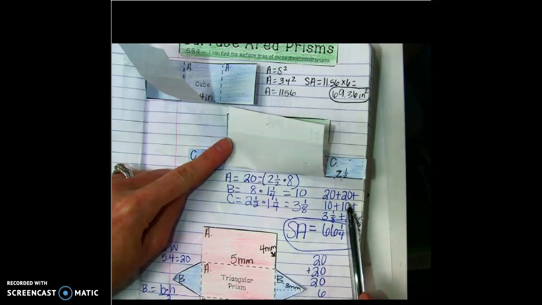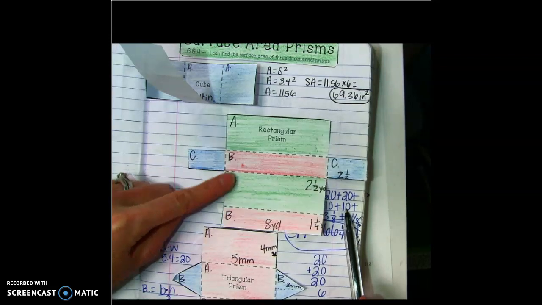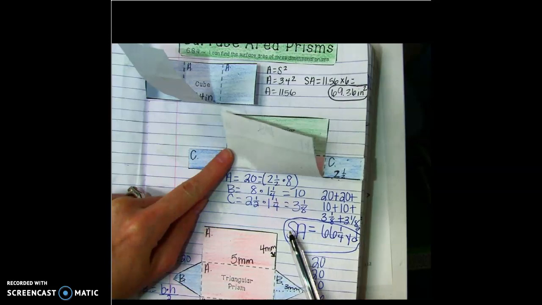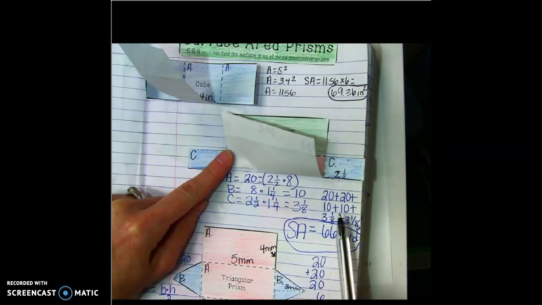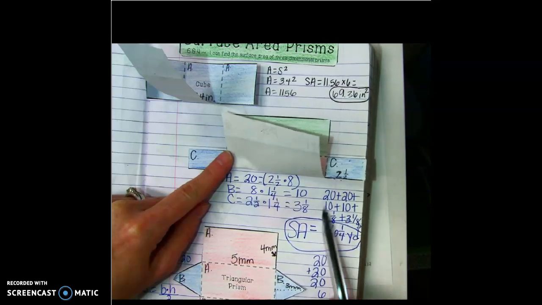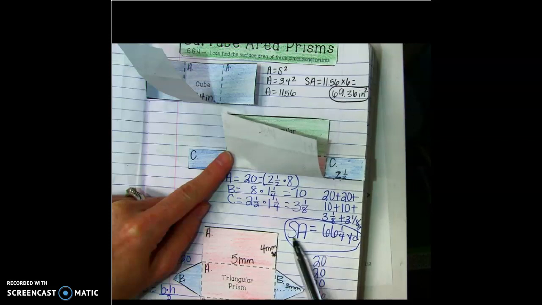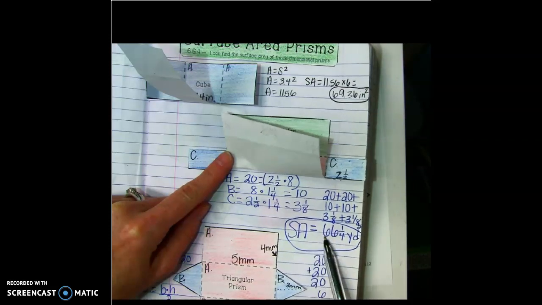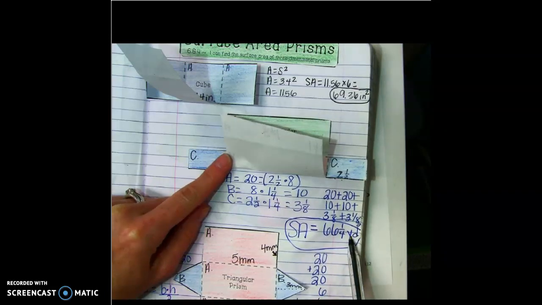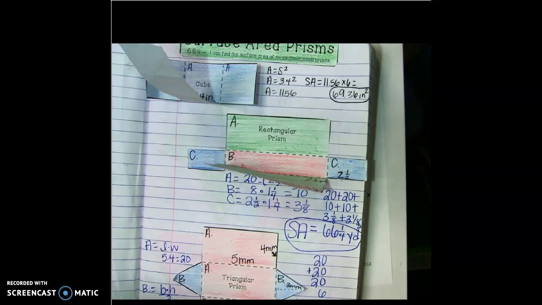So I'm going to add 10 plus 10. My area for C, I have 2 C's. My area is 3 and 1/8. So I'm going to add 3 and 1/8 plus 3 and 1/8. So when I add all of these together, I get my surface area is equal to 66 and 1/4 yards. And that's my answer, 66 and 1/4 yards.